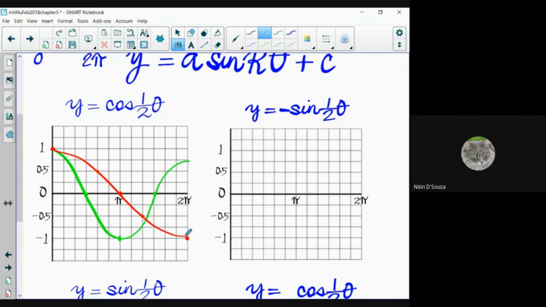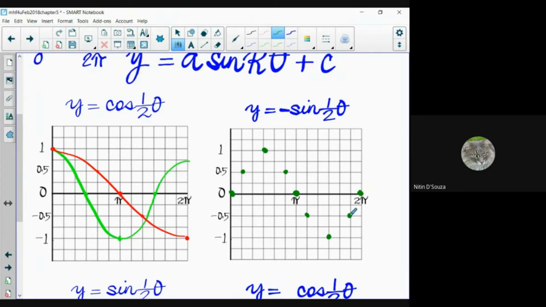So if it helps, you can always put your base function first. So my zeros, sine, my max, my min, got a point here, got a point here, got a point here, got a point here.